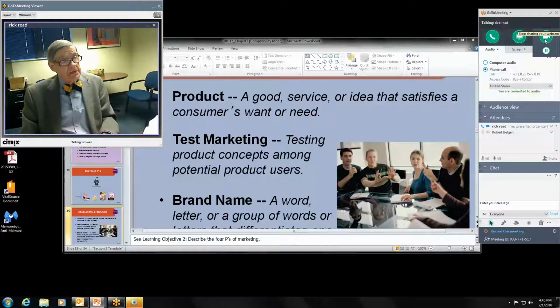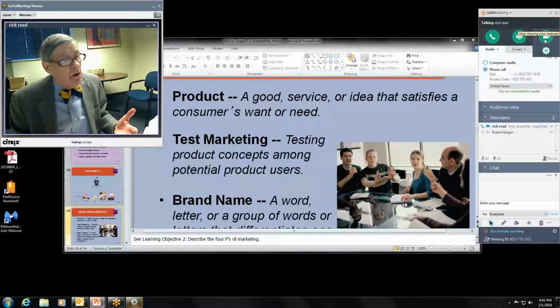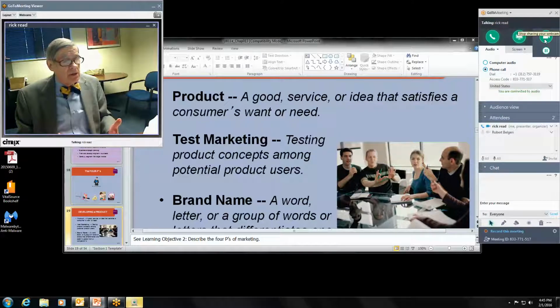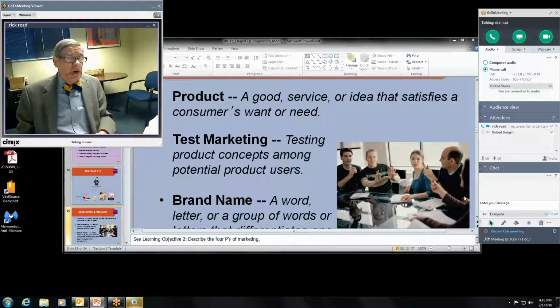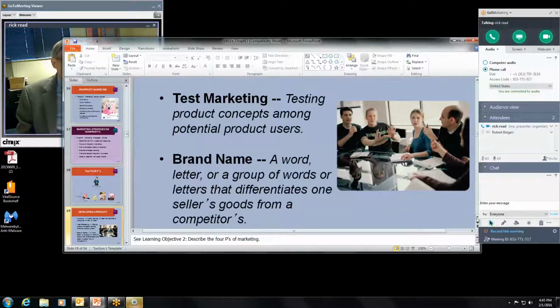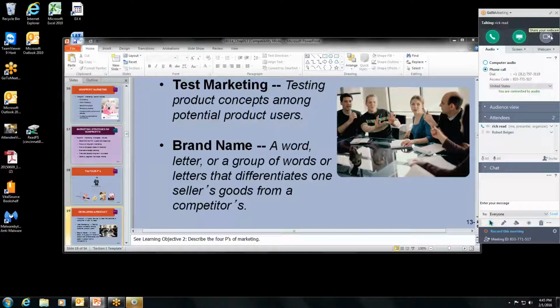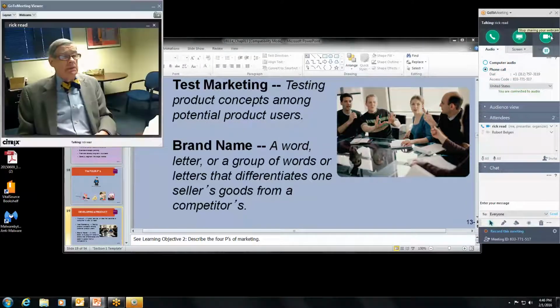He developed something that was a want, and he, in some respects, did test market it. I don't think he probably did traditional test marketing in the way we thought of. And then he did develop a brand name, For Us By Us, FUBU. And so it really did differentiate his product or products from those of others, even though many of them were the same.